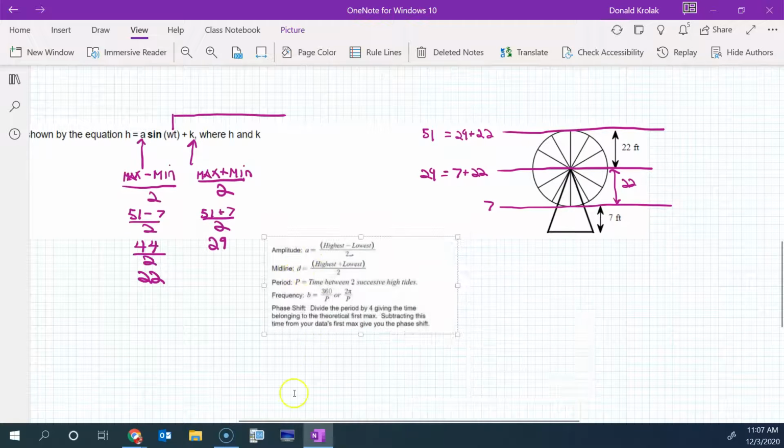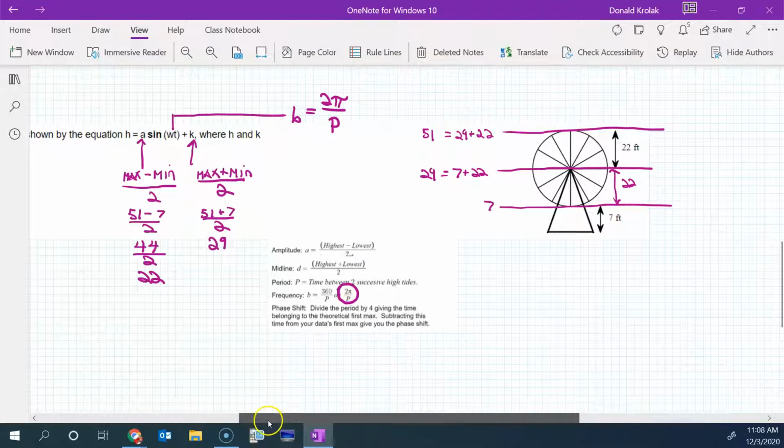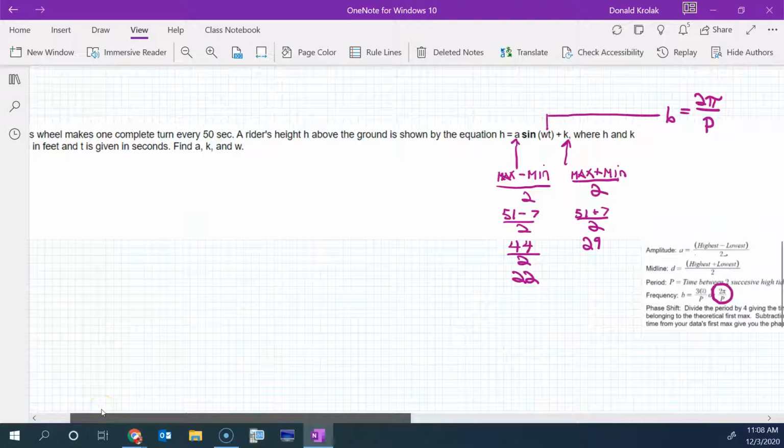All right, so to get the frequency, we're going to go B equals, and the instructions say use pi, so we're going to use 2 pi over the period. Your period in this is going to be different than mine. Mine is every 50 seconds.